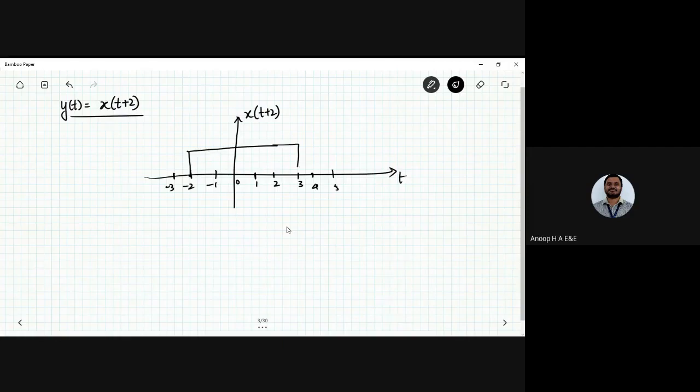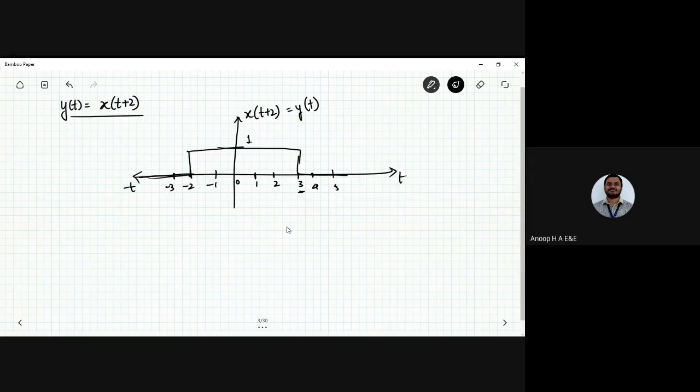So you can see that this is the signal. Let me write it carefully. You have a magnitude of 1 up to this point here, and you can write this with a magnitude of 1 from -2 to 3 here. So the signal is shifted towards the left by 2 units.